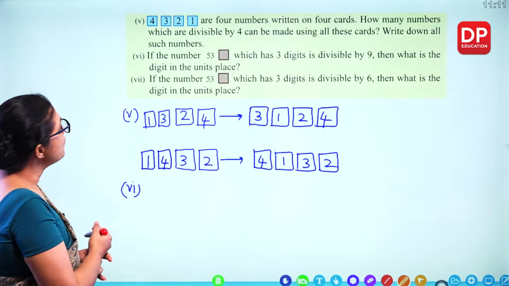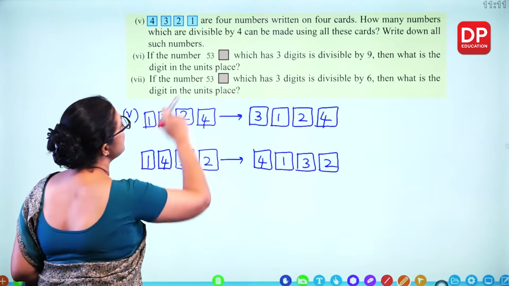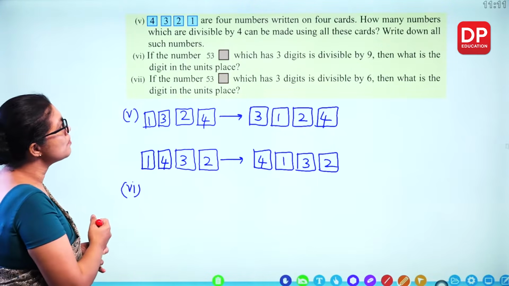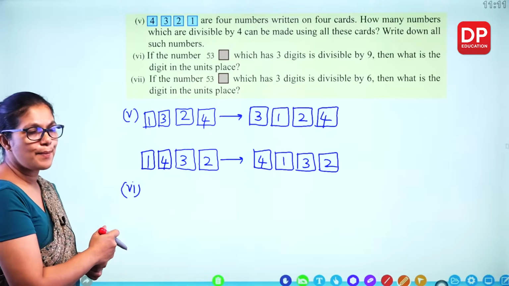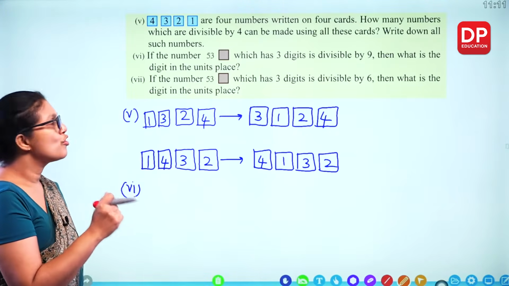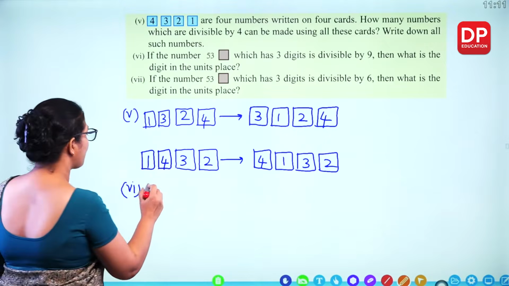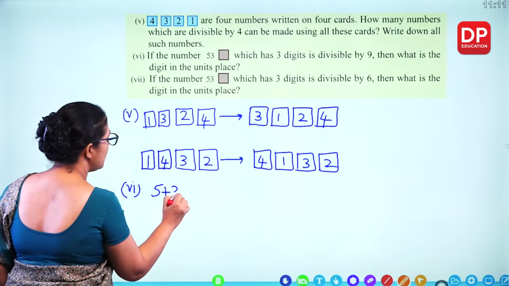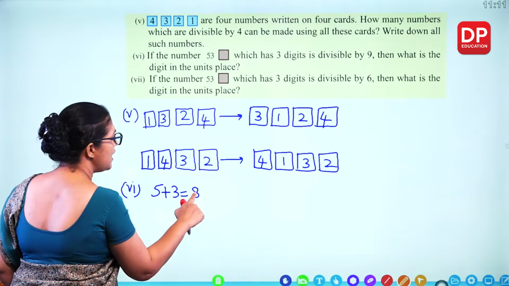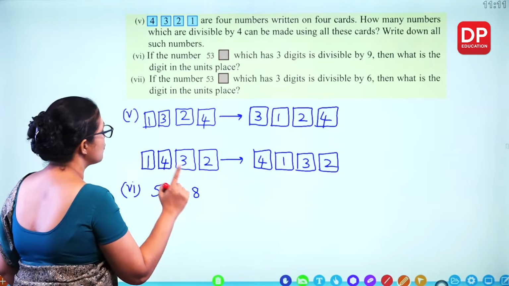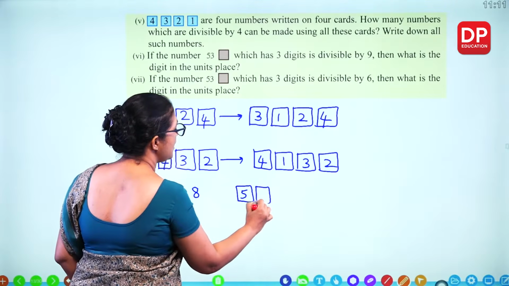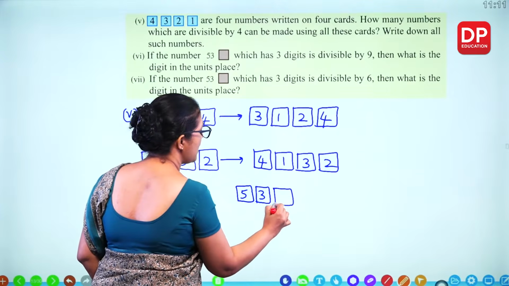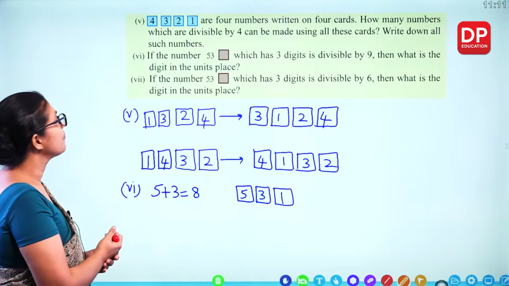If the 3-digit number 53 and a blank is divisible by 9, then what is the digit in the units place? So the digital root should be 9. 5 plus 3, you get 8. You need another 1. So what's the number? 5, 3, and this should be 1.